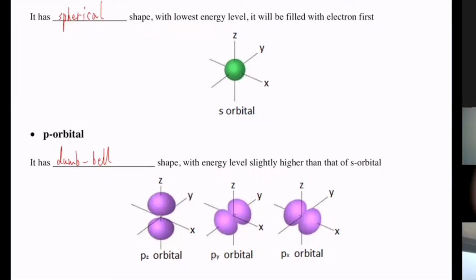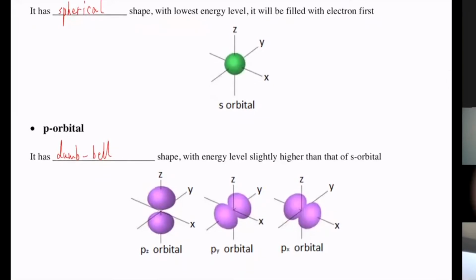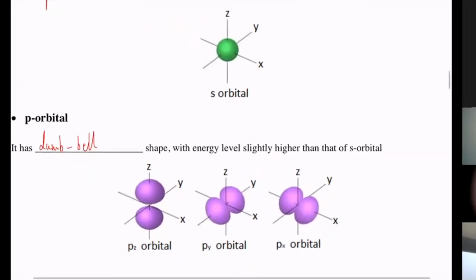Each of them can accommodate 2 electrons, and there are 3 p orbitals, so in total they could accommodate 6 electrons. For the pz orbital, the dumbbell shape is along the z-axis. For the py orbital, it's along the y-axis. And for the px orbital, it's along the x-axis.